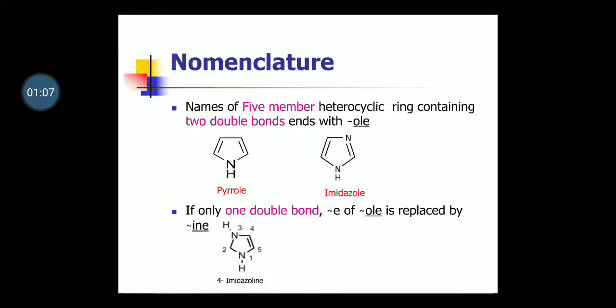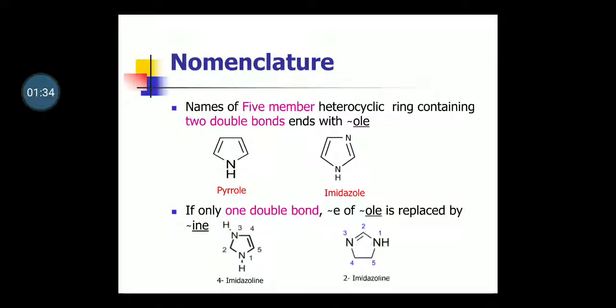You see that the numbering is already specified, and we have to start from any of the nitrogen, because both are saturated nitrogens. So from any of nitrogen we can start numbering, and the second nitrogen will get the third position. Accordingly we have to give the numbering so that the double bond lies between 4 and 5, and we are showing the first position of the double bond, that is 4, so it will be 4-imidazoline.